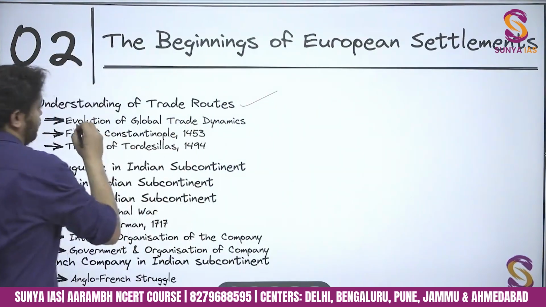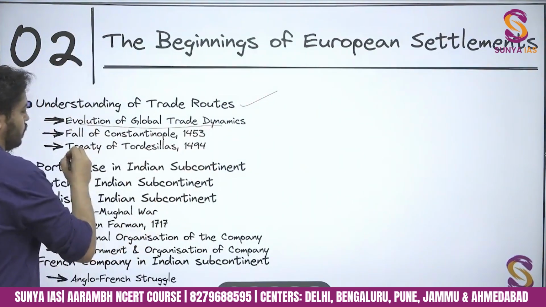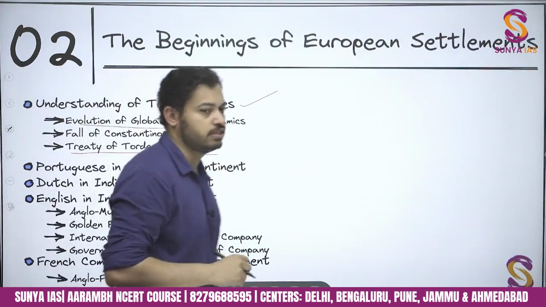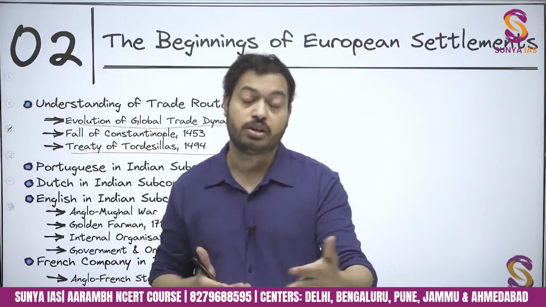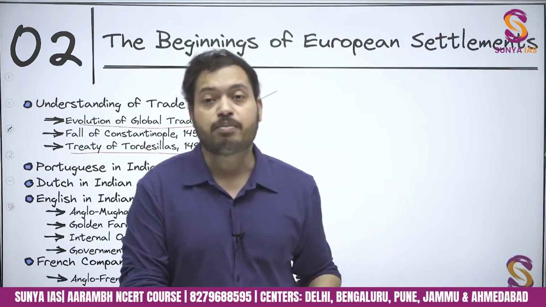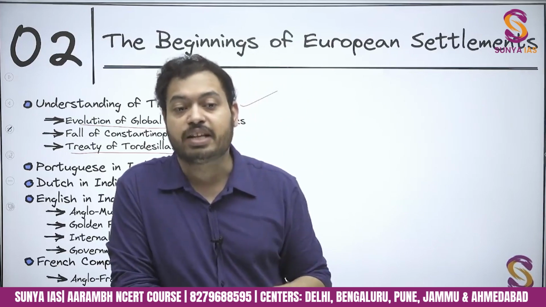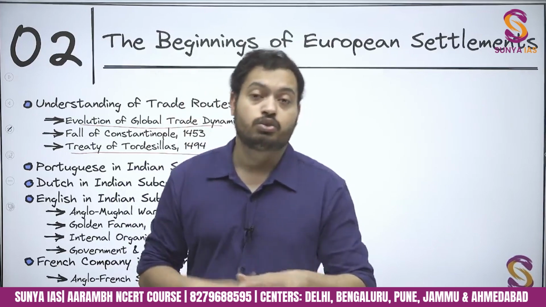We discussed the evolution of global trade dynamics, what role the Treaty of Tordesillas played in 1494, and the aftermath of that: the Iberian Peninsula, basically Spain and Portugal, and what they did after that. So those things we have done.